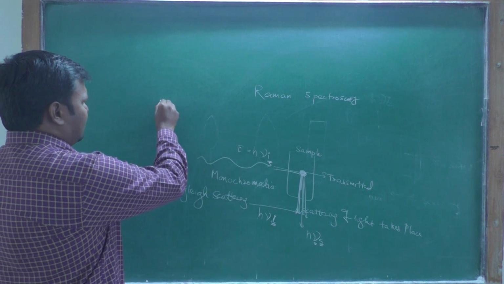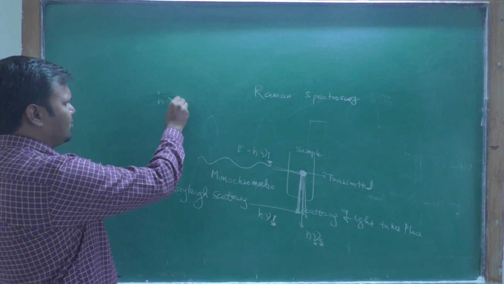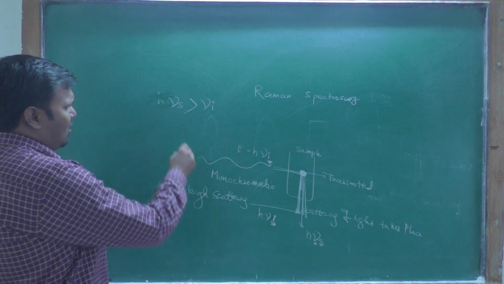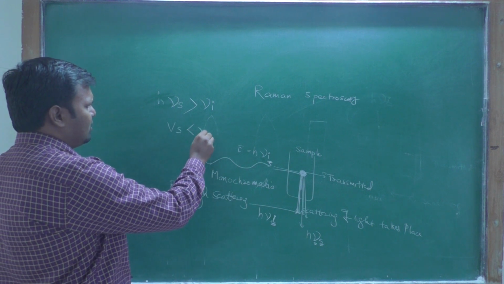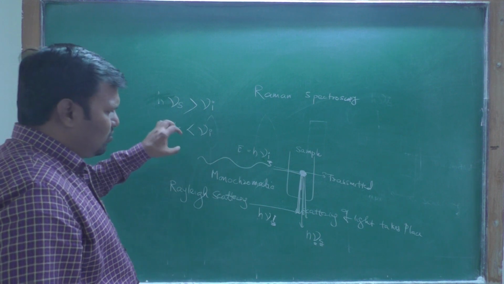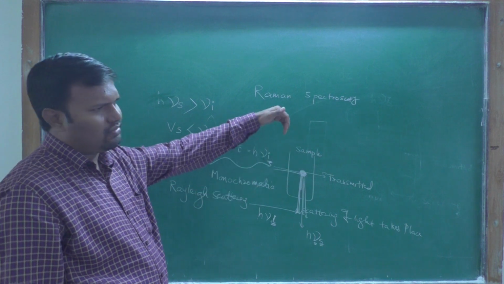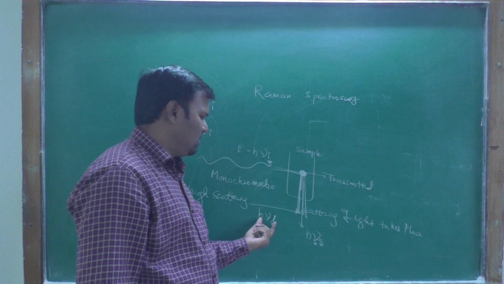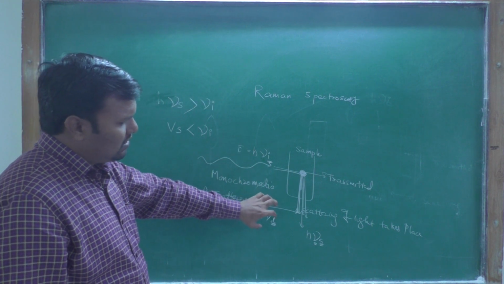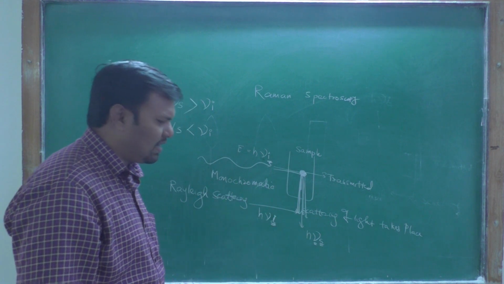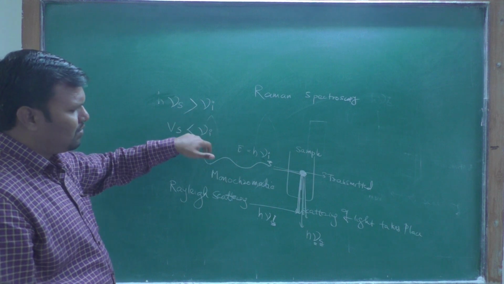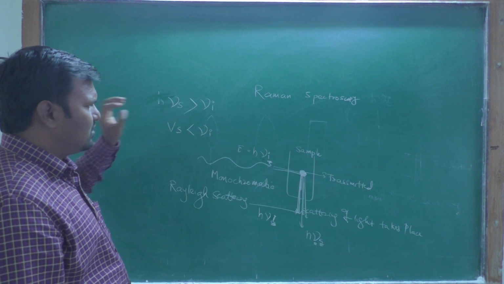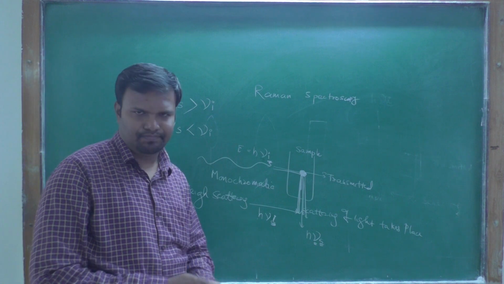The scattered frequency mu s may be more than the frequency of the incident light, or mu s is less than the frequency of the incident light. When a photon falls on the sample, the scattered light may have the same frequency as the incident light, or in addition some other frequencies are observed, either more or less than the incident frequency.